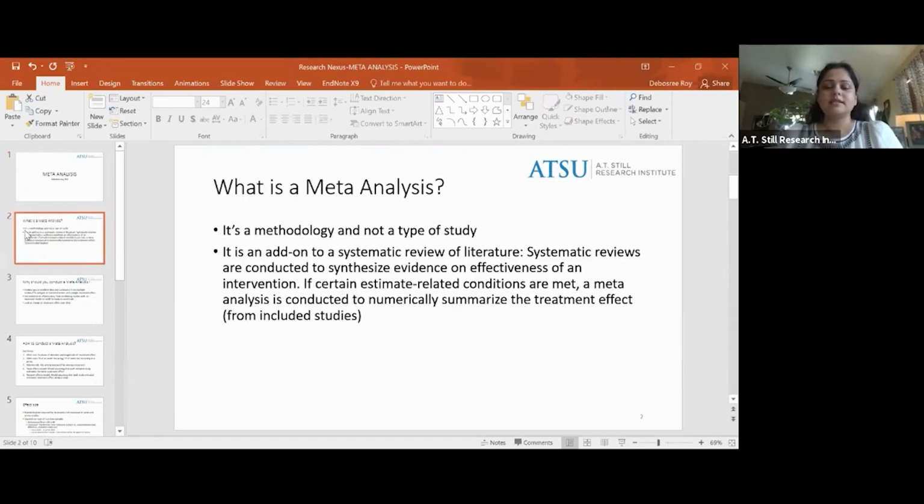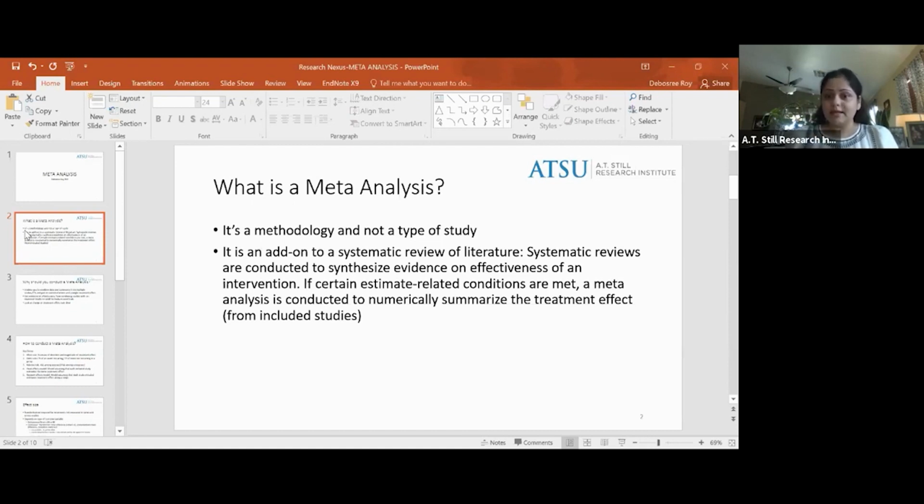Before I start, I have to tell you that most of the work that goes into a meta-analysis is done prior to implementing the methodology. Whatever steps are required to create a systematic analysis form the bulk of the work behind conducting a meta-analysis.